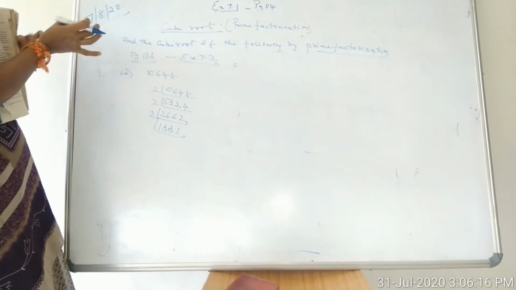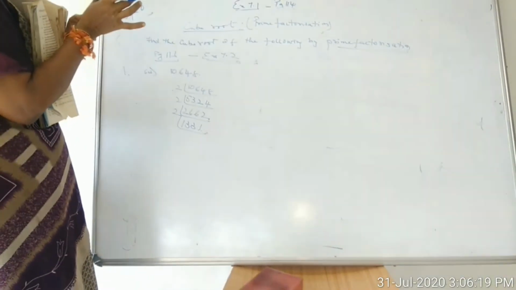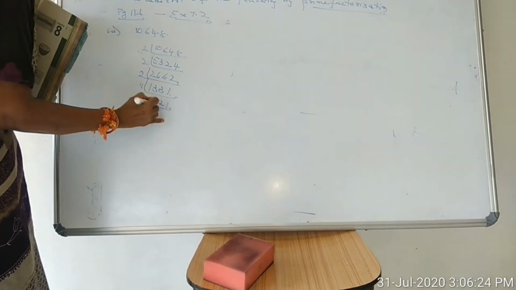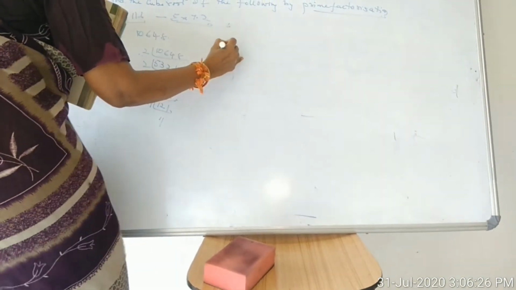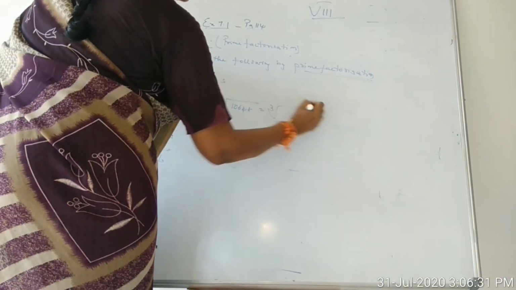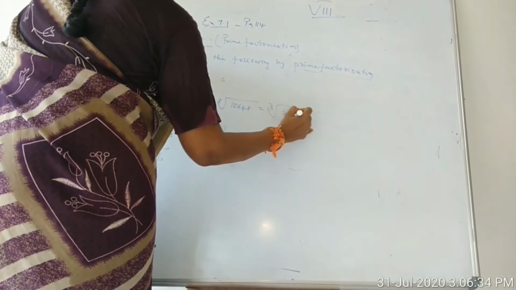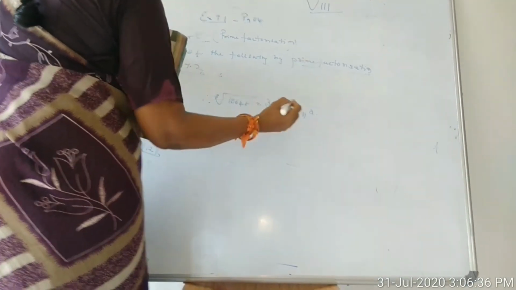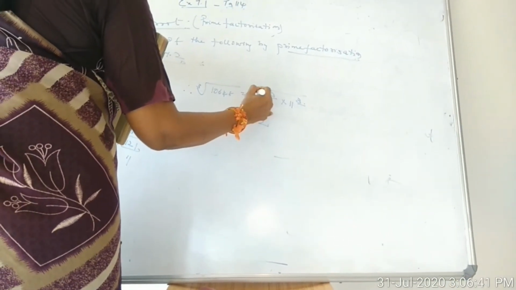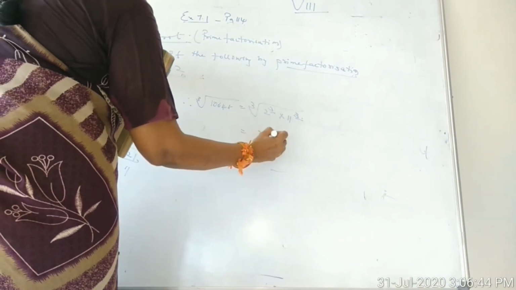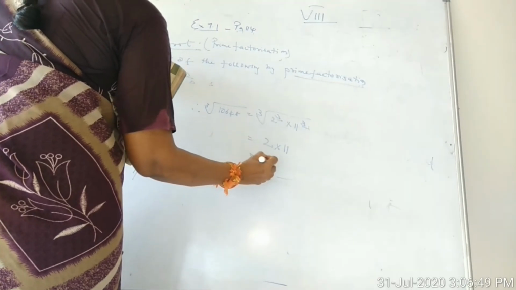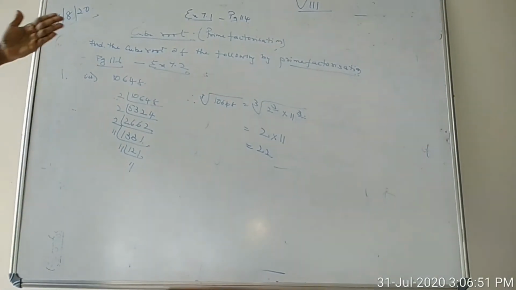1 3 3 1. If you had learned the cubes, then you would have known what is 1 3 3 1. 11 cube is 1 3 3 1. Therefore, cube root of 10648 is equal to cube root of 2 cube into 11 cube. Whatever is the power, children, divided by 3. 3 divides 3 one time. 3 divides 3 one time. 2 into 11, 22.